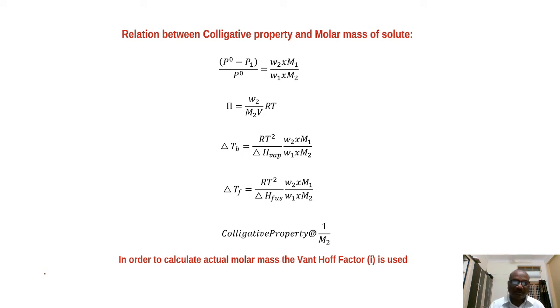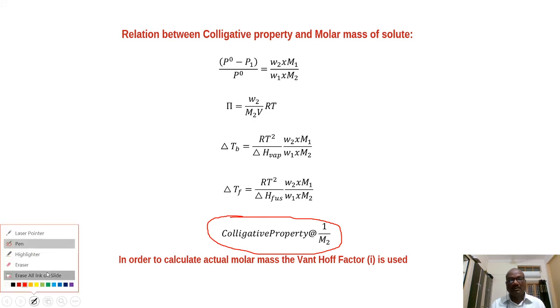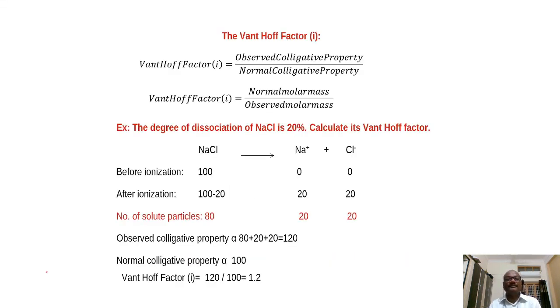We have seen that abnormal molar mass is observed in the case of association or dissociation of solute. The second thing we observe is the relation between the colligative property and molar mass: it is inversely proportional. So in the case of abnormal molar masses, how can we make them equal to the normal molar mass? In order to make them normal, Van 't Hoff introduced a factor called the Van 't Hoff factor.